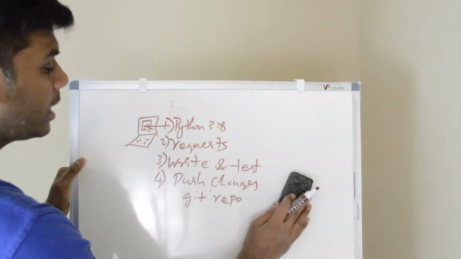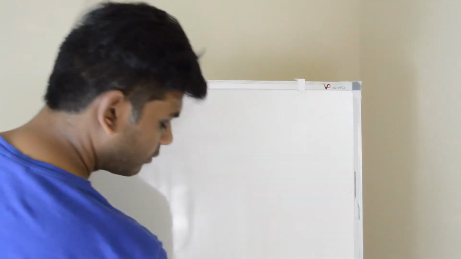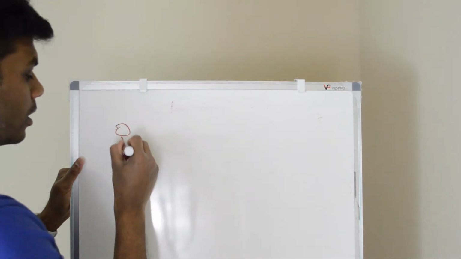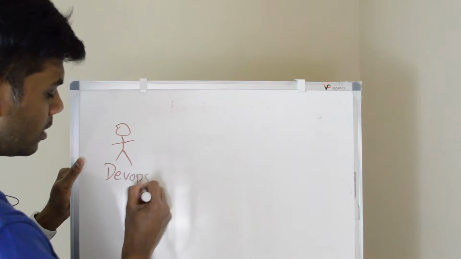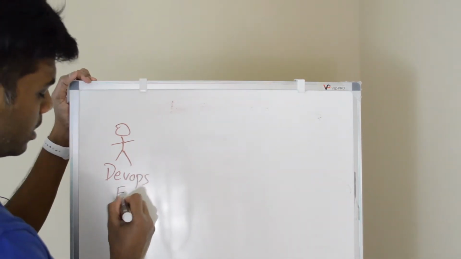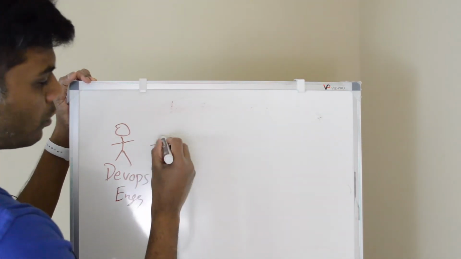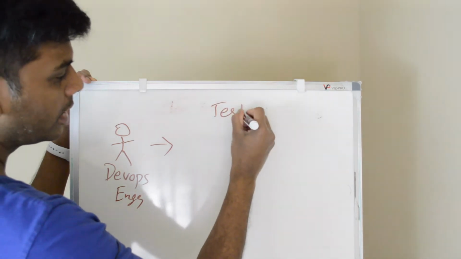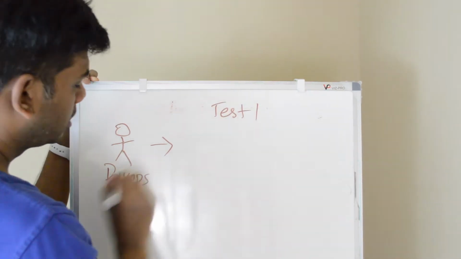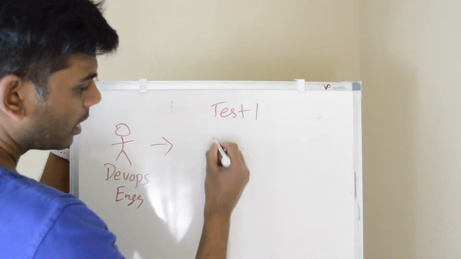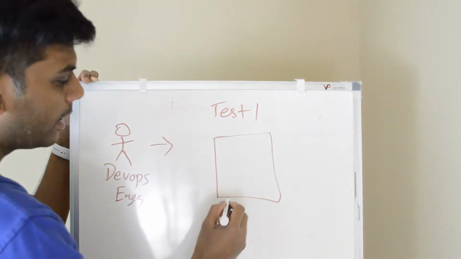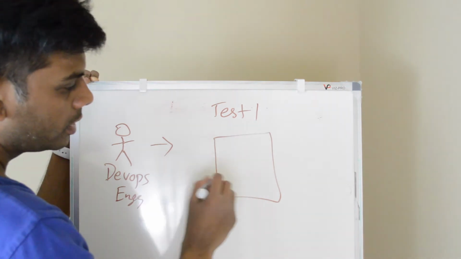Now when this change happens, let's say we have a DevOps engineer. He's going to refresh an environment. So there is a test environment, let's say we call it test 1 or whatever. This guy is going to provision a VM as usual, and then he's going to refresh the code on this VM.